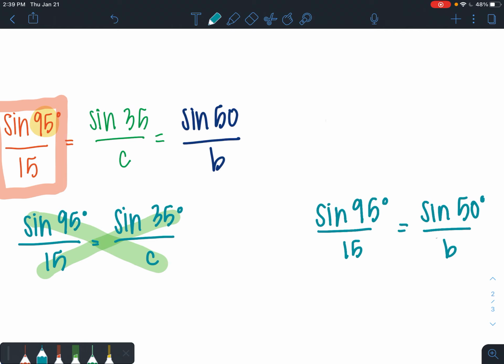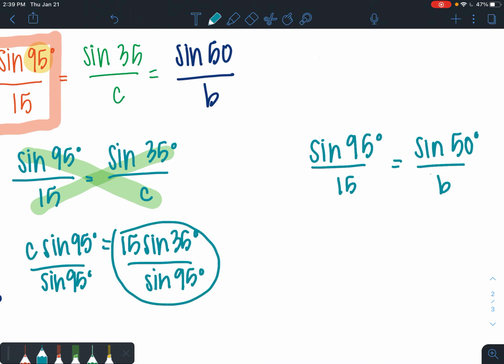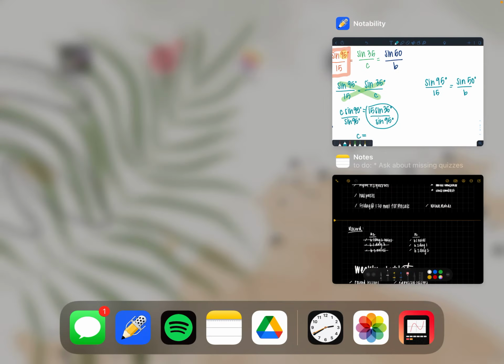So I have C sine of 95 equals 15 sine of 35. Divide both sides by sine of 95. We want to keep it exact, so this is what we'll type into our calculator. So C is equal to 15 sine of 35 divided by sine of 95.